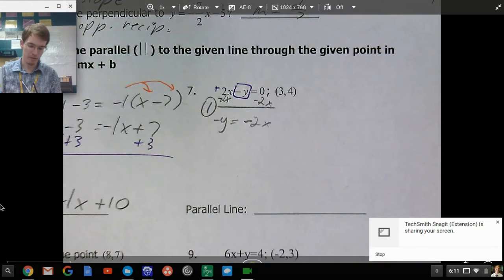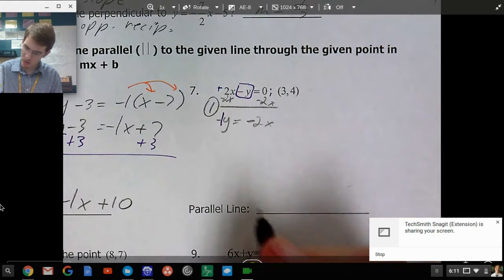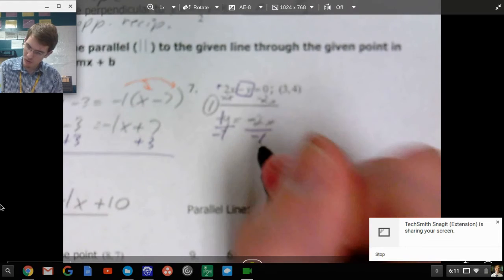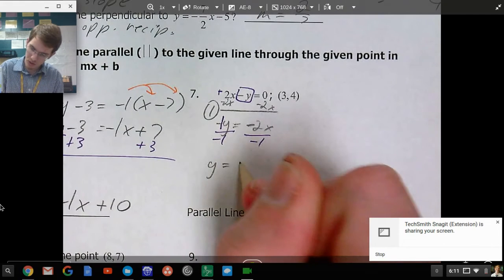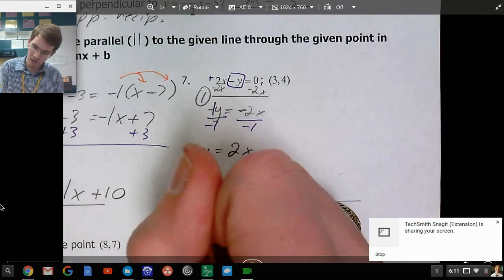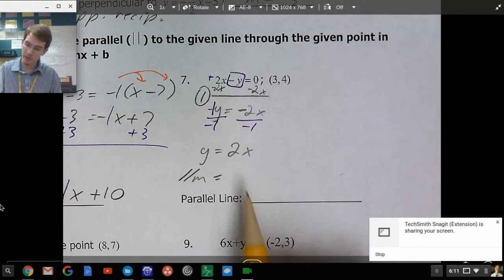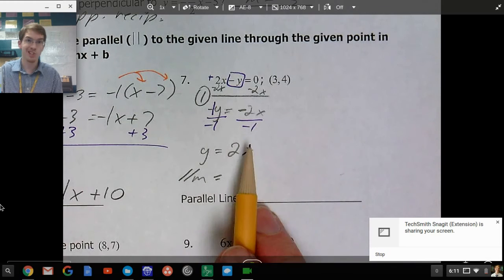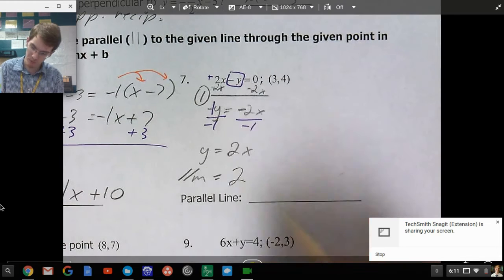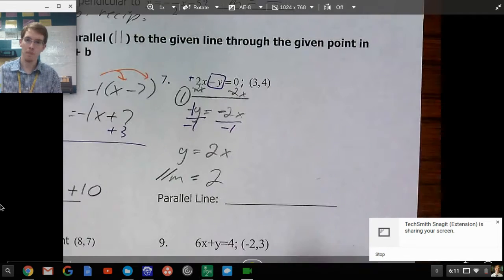Well, what number is in front of y? It's really a -1, so we're going to divide by -1. So y equals 2x. So if the slope here is 2, then the parallel slope is also 2.